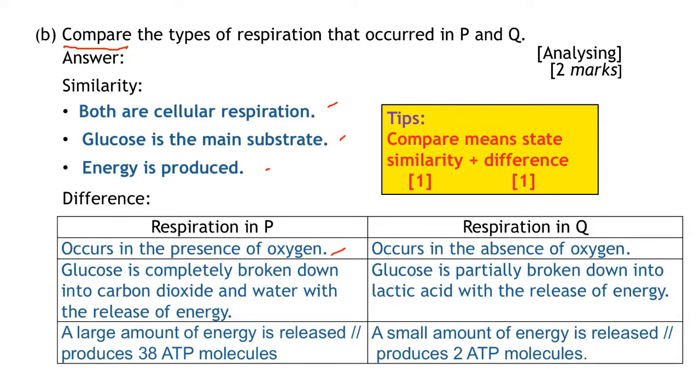Glucose is completely broken down into carbon dioxide and water with the release of energy, whereas glucose is partially broken down into lactic acid with the release of energy. So this answer is the comparison between the types of respiration in P and Q from the aspect of the breakdown of glucose.